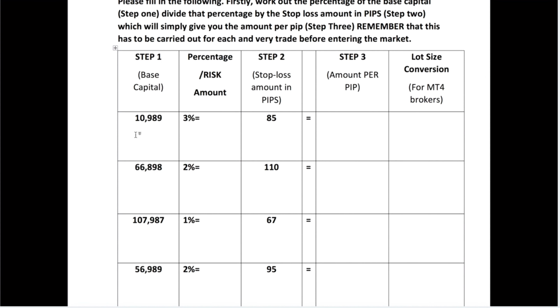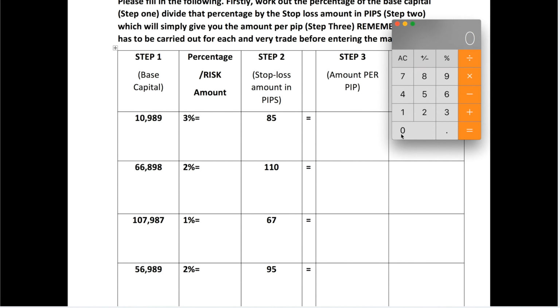All right, so 10,989, we need to work out 3% of this figure firstly. What I like to do, guys, is pull up a calculator. 10,989, that is our base capital amount. I always work out 1% first. So to work out 1%, we take the figure and divide it by 100, which equals £109.89. That's 1%.